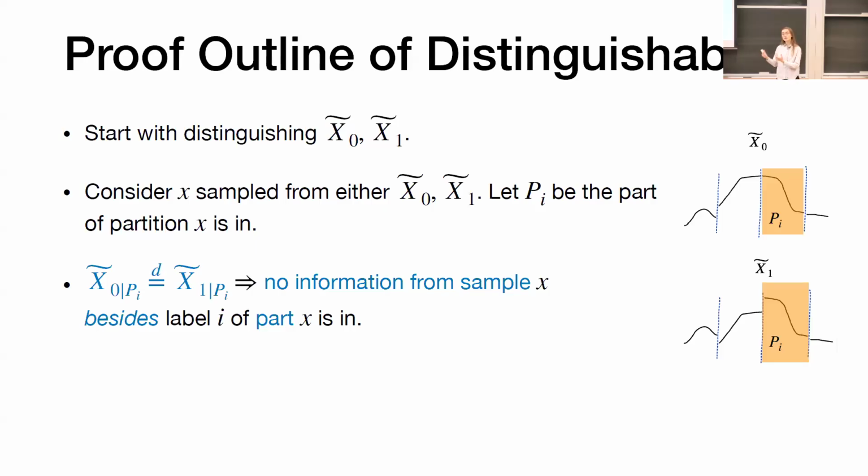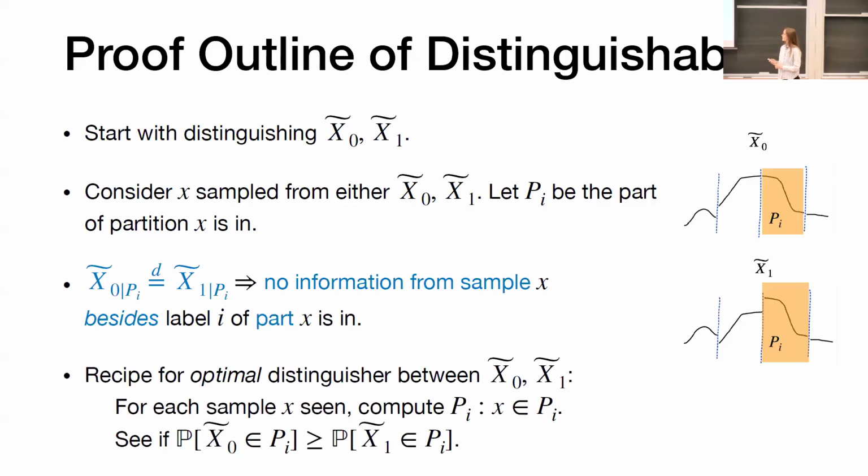Granted, each of the variables is going to have a different probability of falling within each part, but once we're in there, there's no information to gain. This will start to give us a recipe for optimally distinguishing between x0 tilde and x1 tilde.